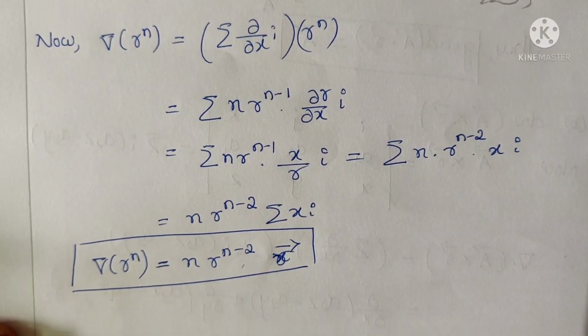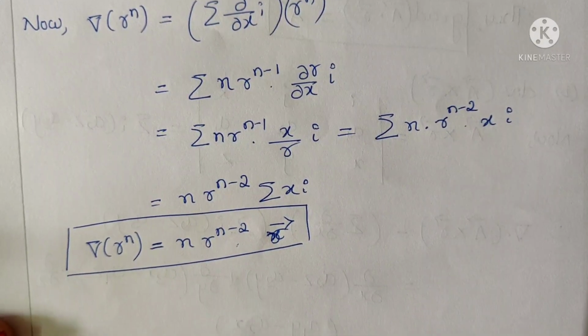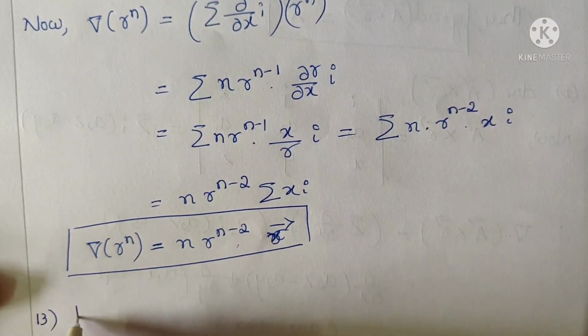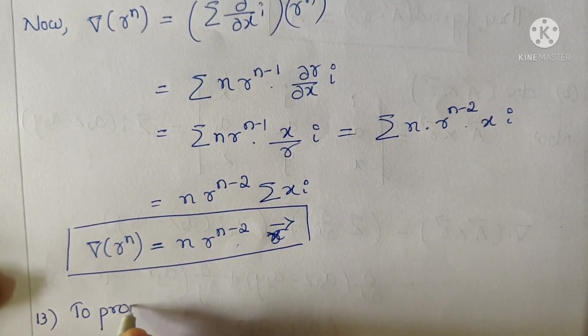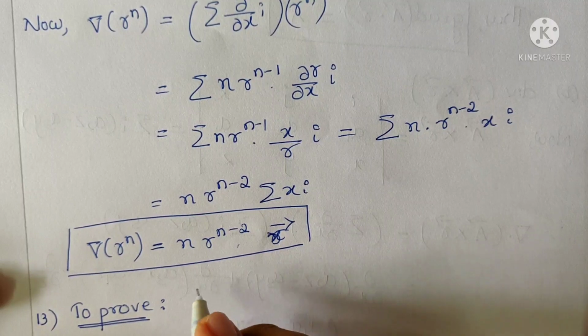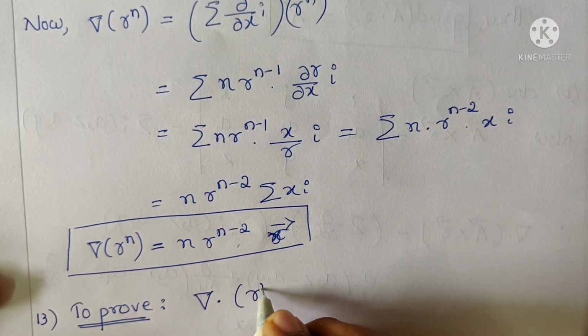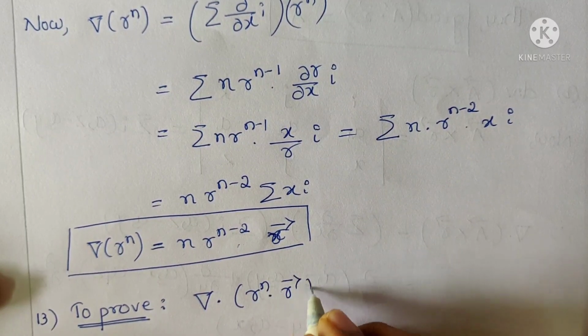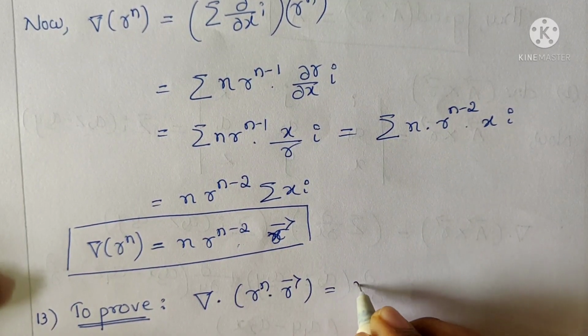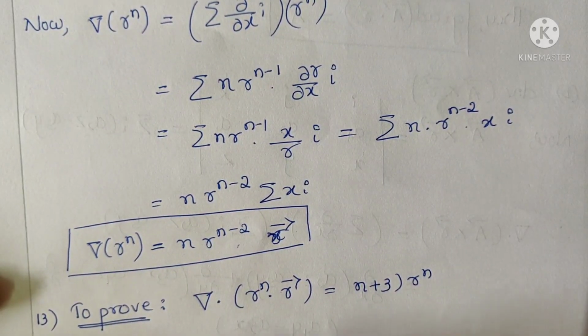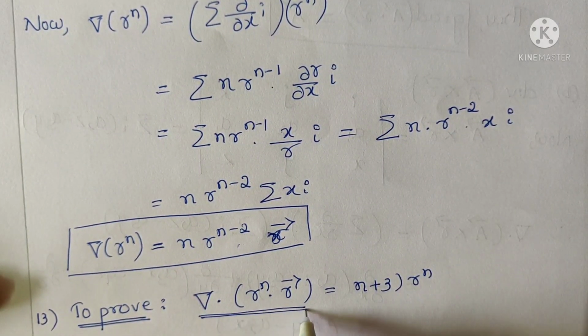Similarly, 13th, that is to prove del dot r^n vector r is equal to (n+3) r^n. This to prove.